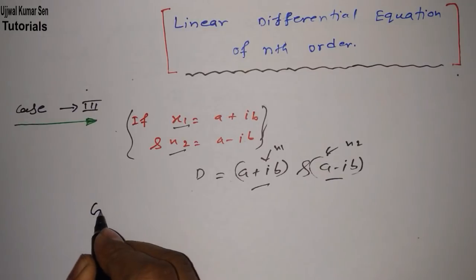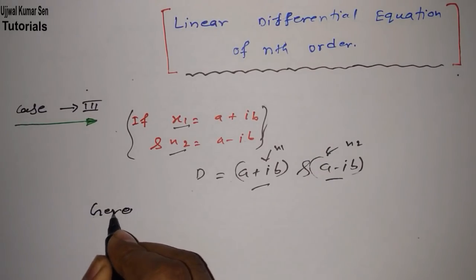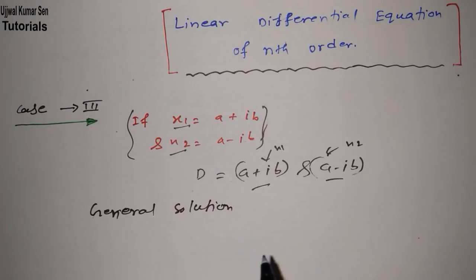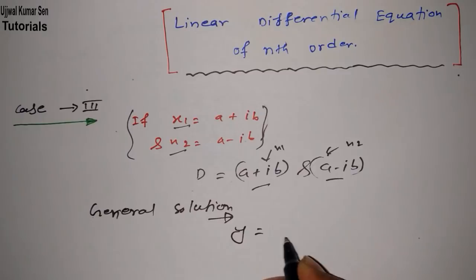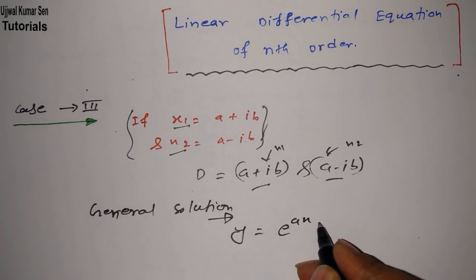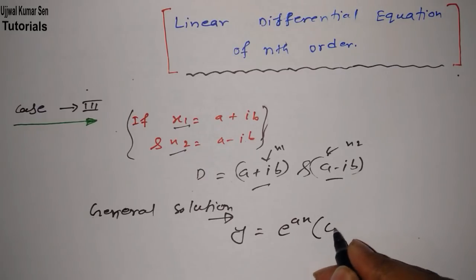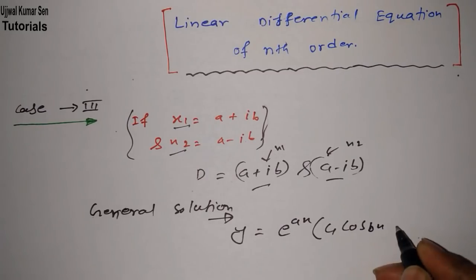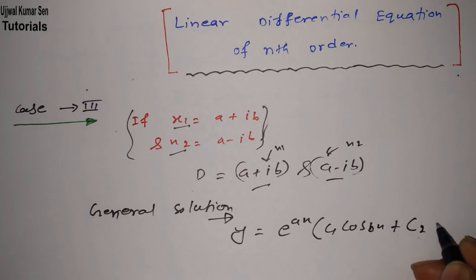For the general solution, or you may say the complete solution for this kind of case, we can write y is equal to e to the power ax multiplied by (c1 cos bx plus c2 sin bx).